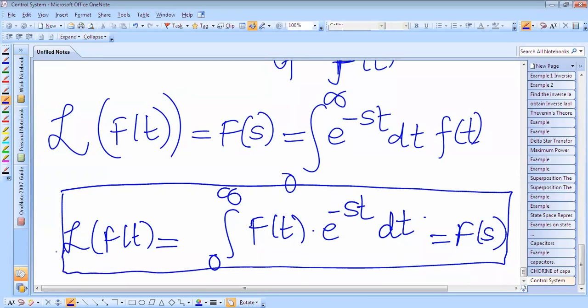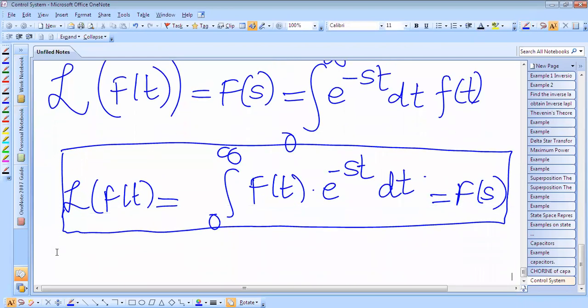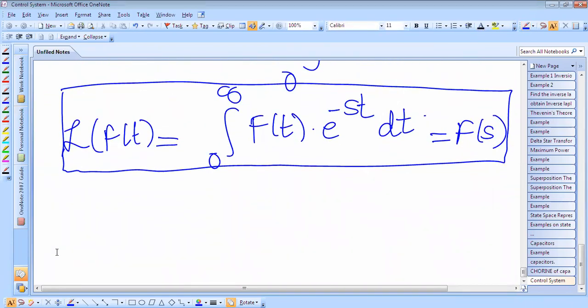Now here we have converted the time domain function into the s domain, but the reverse process of finding the time function f of t can also be found from F of s. If you find the inverse Laplace of this, you will get the function in time.